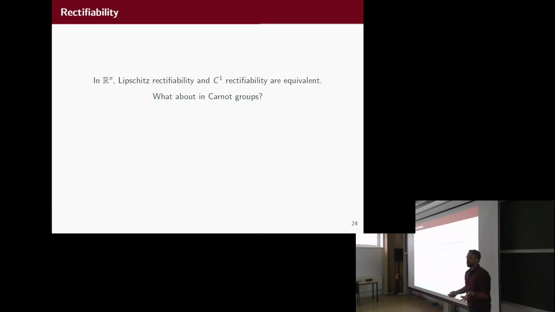The question is, what about Carnot groups? What does rectifiability look like in Carnot groups? It's very well known and well studied that for sets with dimension larger than 1, so for example surfaces, there are multiple different ways of defining this idea of Lipschitz rectifiability, even in the Heisenberg group, the simplest non-abelian example.